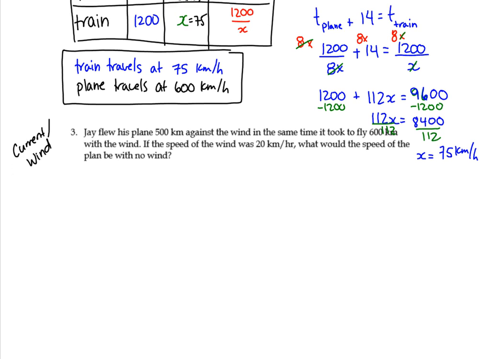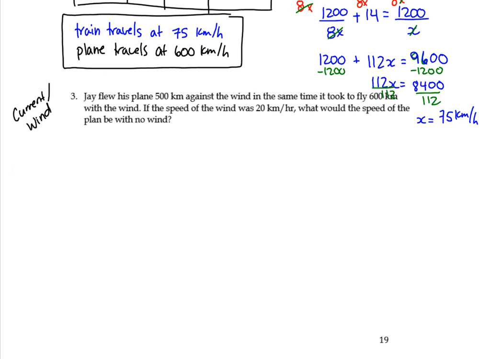When you have current or wind problems, like traveling up a river and then down a river, or flying somewhere, if you've flown on a plane before and you look at your flight, one way is going to be shorter than the other, even though you're going to the same destination. One way you're flying with the wind, it's pushing your plane, and on the way back you're going against it, slowing you down. So it's not always the same time if you ever traveled on a plane.